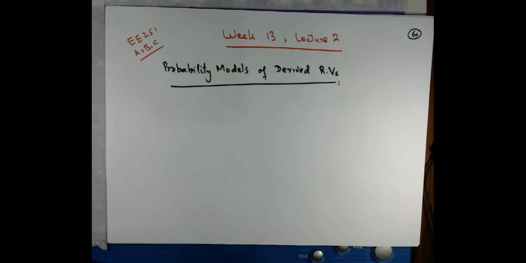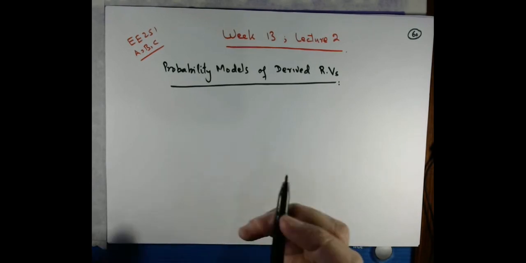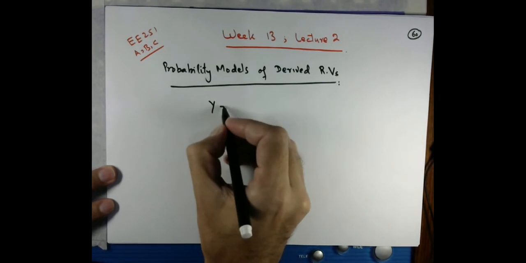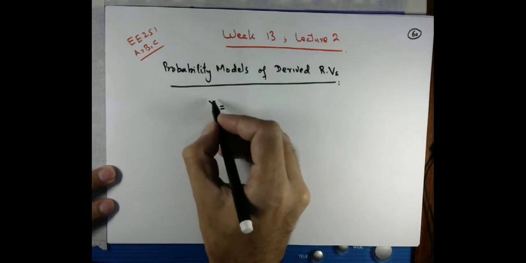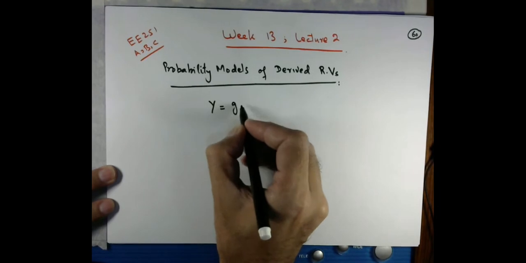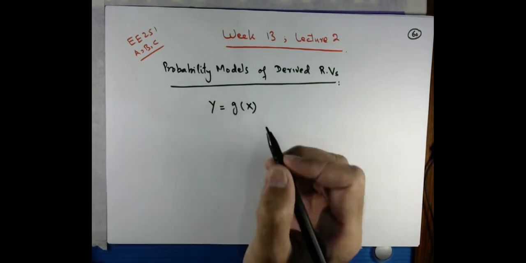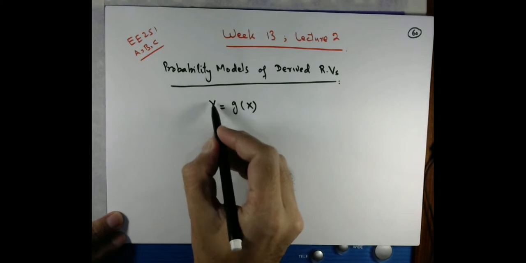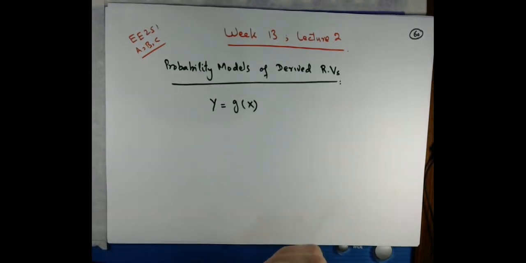You know, if we have a random variable y that is a derived random variable, derived by applying some functional form g on the random variable x, what is the PDF of y is basically the concept of this topic.